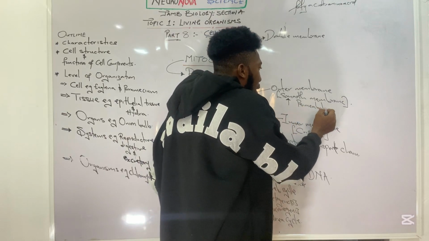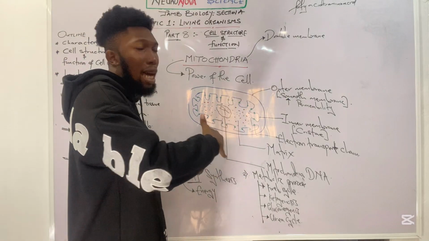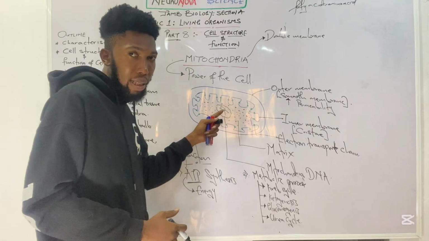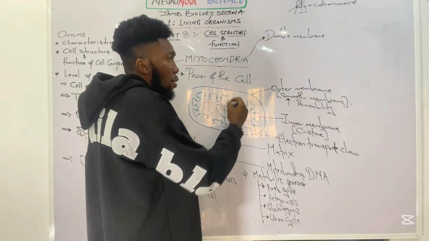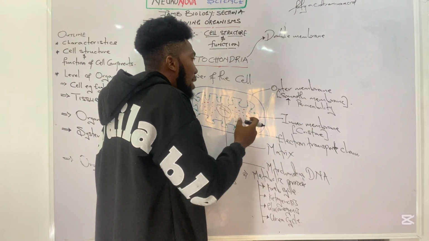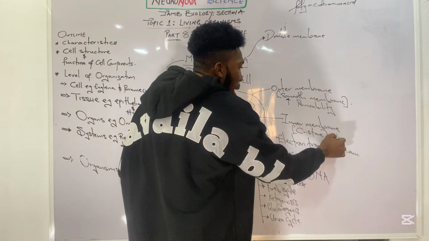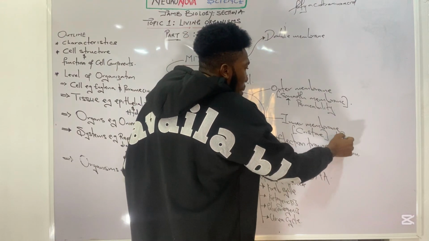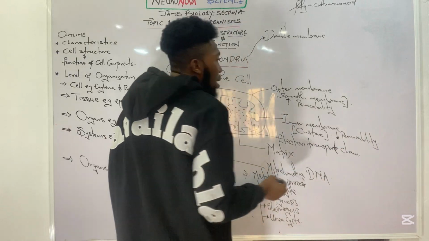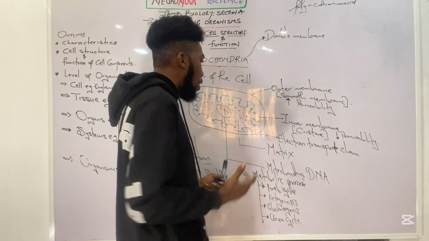That means it can allow a wide range of materials to move into the mitochondria or out of the mitochondria. Then for the inner membrane, it has lower permeability. All these restrict movement of materials in and out. It's not as permeable as the outer membrane.